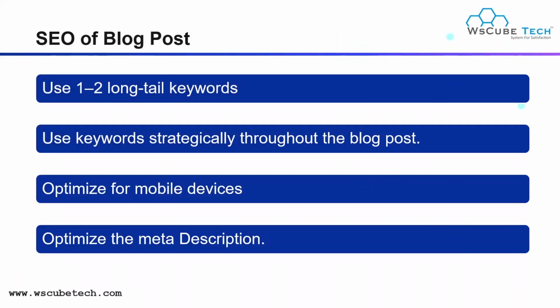So let's start with some of the important points you have to keep in mind. First, we have to use one or two long tail keywords. As we all know, long tail keywords are more impactful in terms of SEO than your short tail keywords.